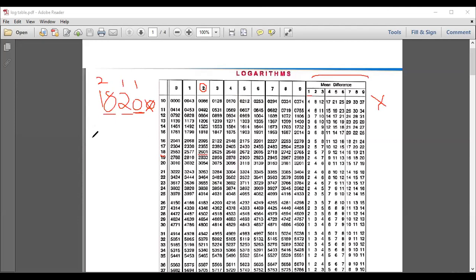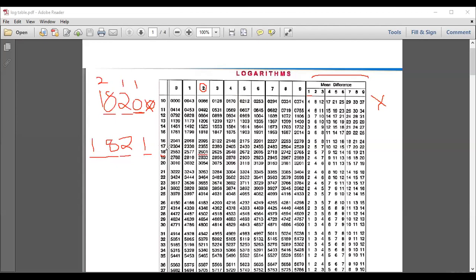Just in case, अभी ध्यान से सुनना, just in case the figure was 1821, just in case I am telling. अगर mean difference को consider करना है, so what you have to keep in mind. So what we're going to do is, हम 18 को 2 के अंदर देखते, that is 2601, and the mean difference का column 1 also.